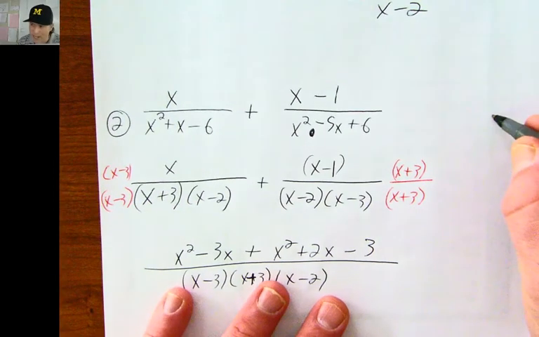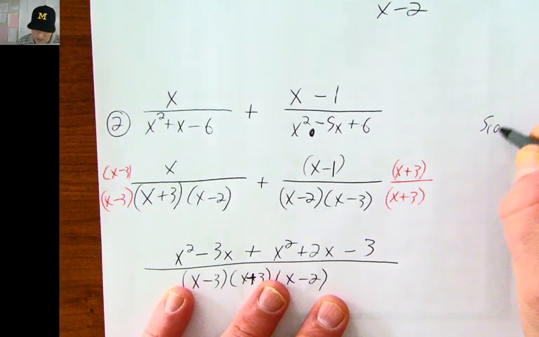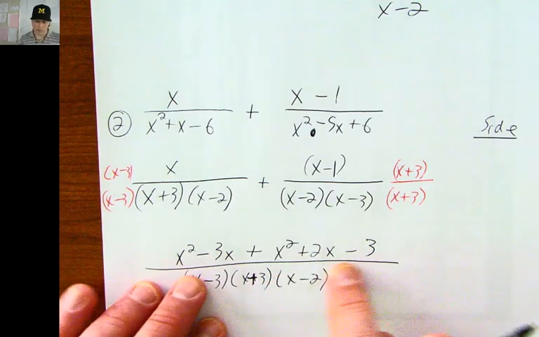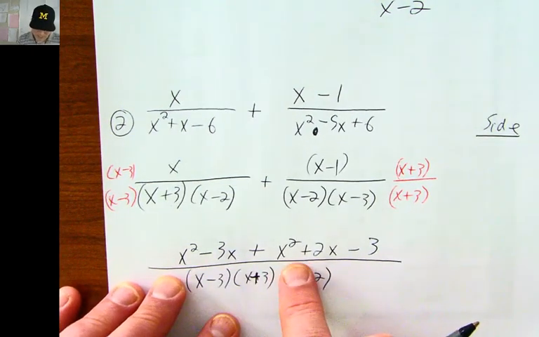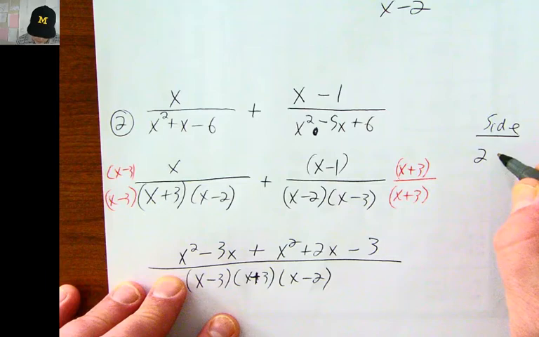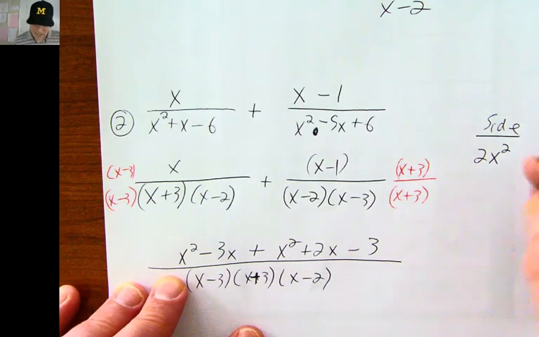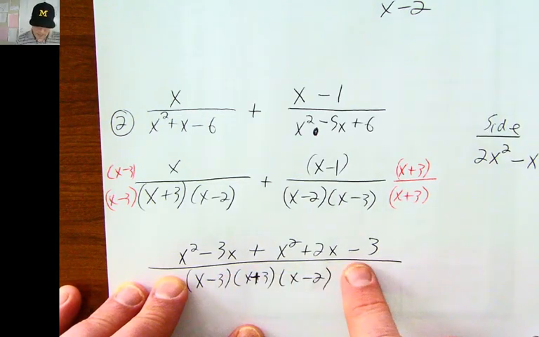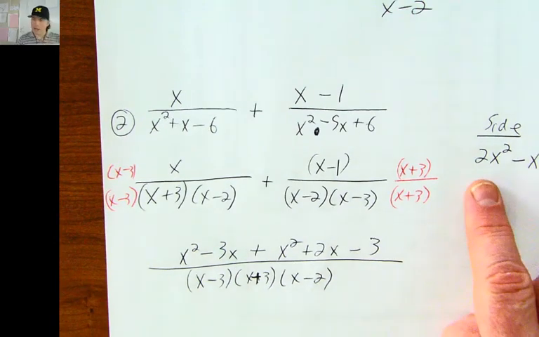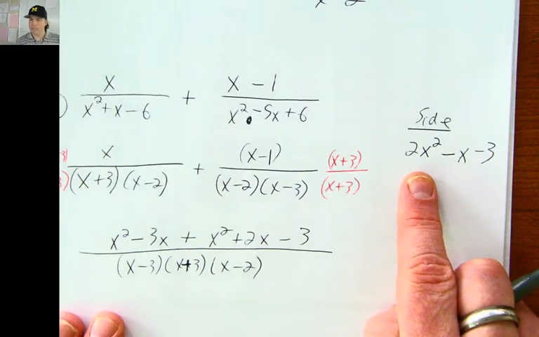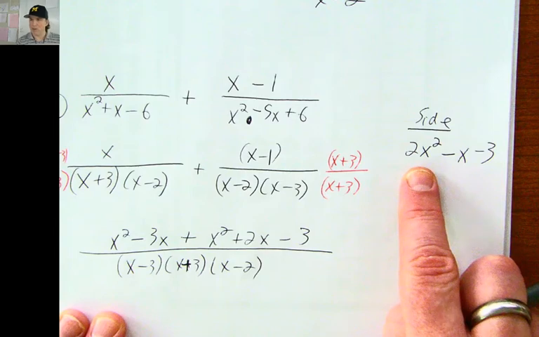I'm going to do a little side work here to deal with this numerator. X squared plus x squared is 2x squared.